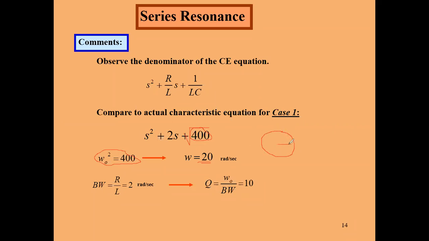If we consider rotation in the anti-clockwise direction, the angle is theta, and that rotation is what we call radians per second.